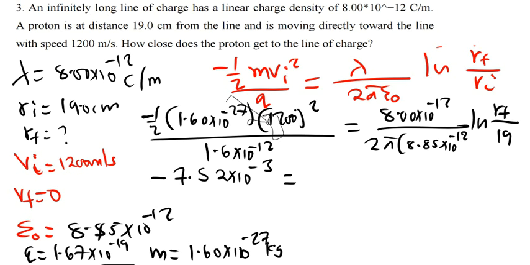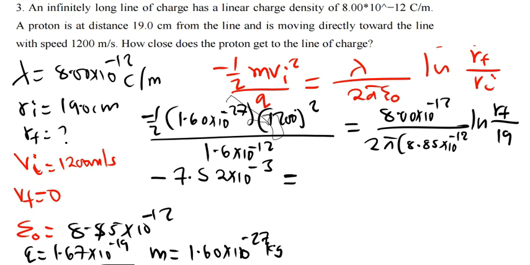This is going to be equal to, now we do this one alone, 8.00 times 10 to the power negative 12 divided by, I'll put open brackets, 2 times 8.85 exponent negative 12, then times pi. I close the brackets.